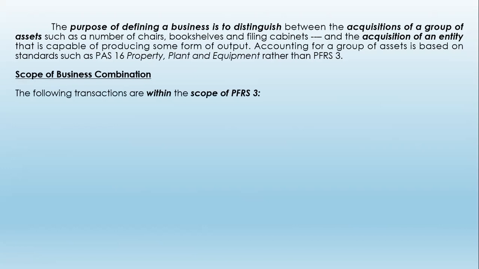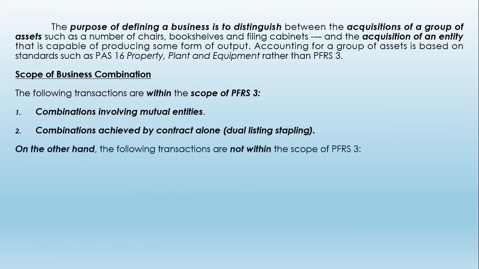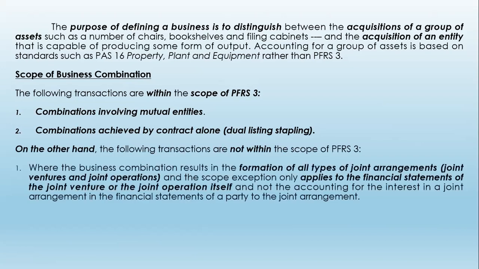The following transactions are within the scope of PFRS 3: combinations involving mutual entities achieved by contract alone, dual listing. On the other hand, the following transactions are not within the scope of PFRS 3: where the business combination results in the formation of all types of joint arrangements, joint ventures, and joint operations, and the scope exception only applies to the financial statements of the joint venture or the joint operation itself, and not the accounting for the interest in a joint arrangement in the financial statements of a party to the joint arrangement.